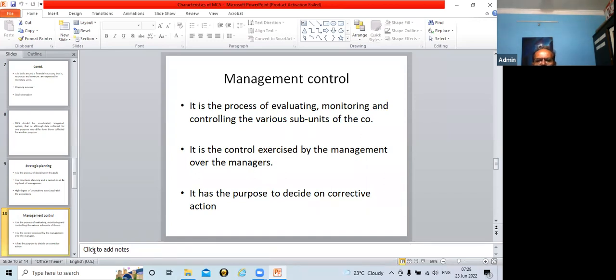So top management should be open, keeping their system open for getting suggestions from the middle level and lower level. Then only corrective action is possible, otherwise not. So this is all about management control.